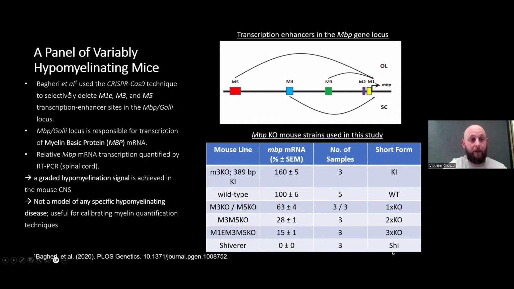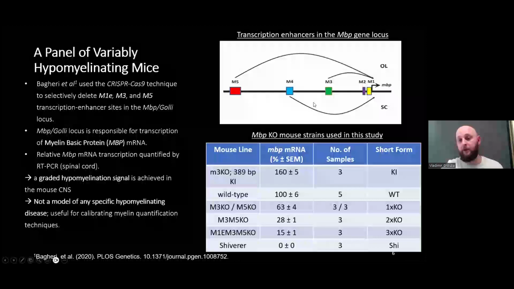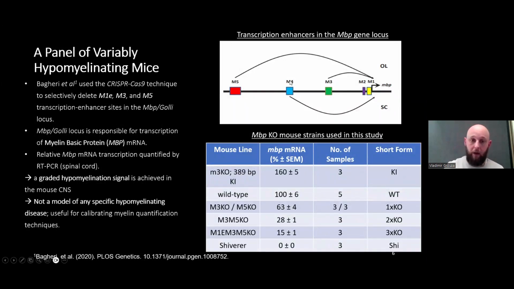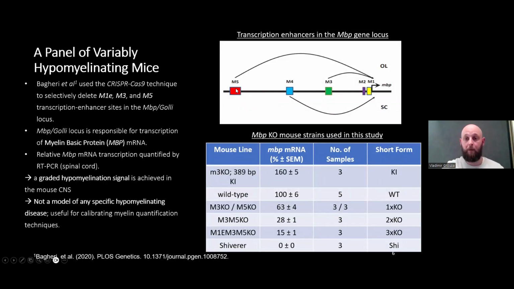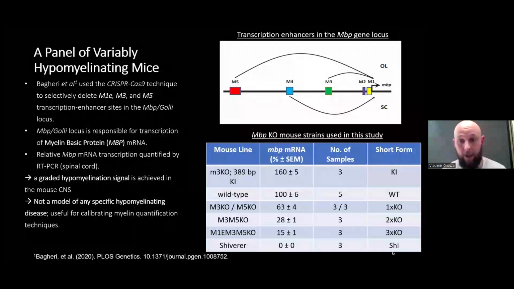Our colleagues here at McGill, Human Bagheri, under the supervision of Dr. Alan Peterson, surmised that if you take the MBP gene in a mouse and knock out, using CRISPR, one or more of these M1, M3, and M5 transcription enhancer domains that are upstream of the exon that codes for the MBP gene, you can basically knock down MBP transcription, and then obviously, as a consequence, translation, and as a consequence, myelin basic protein elaboration.